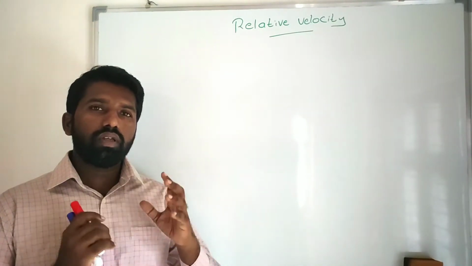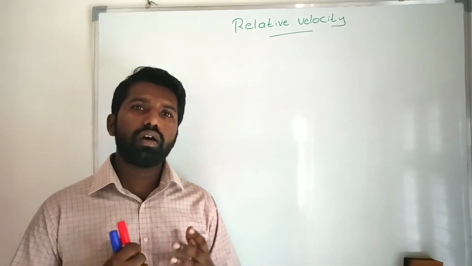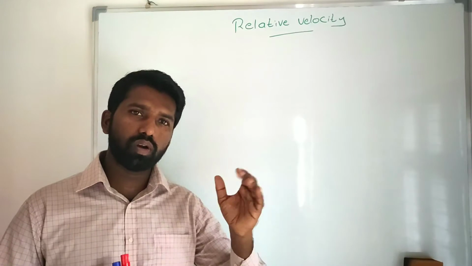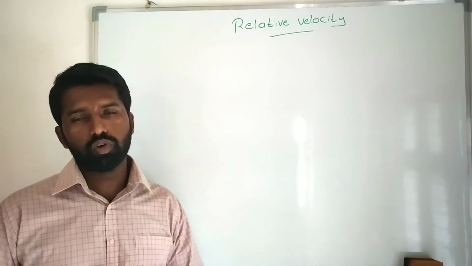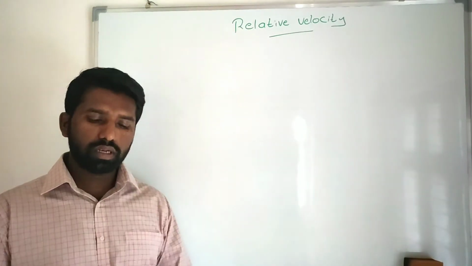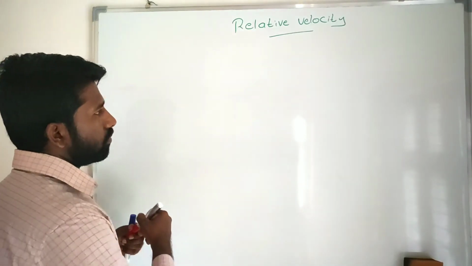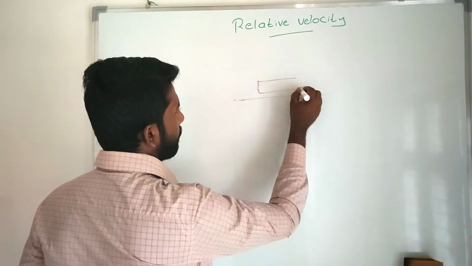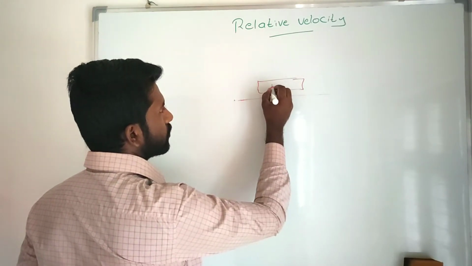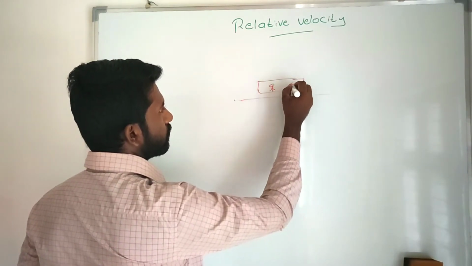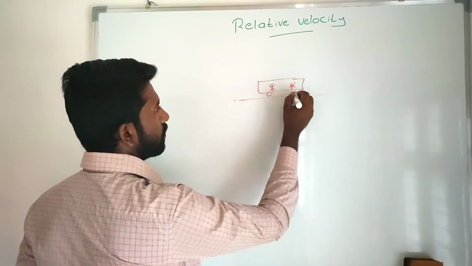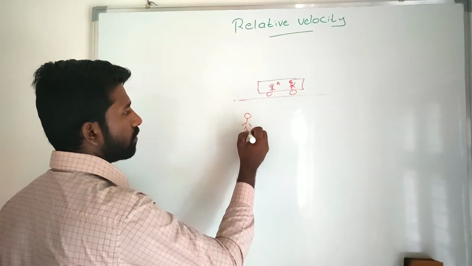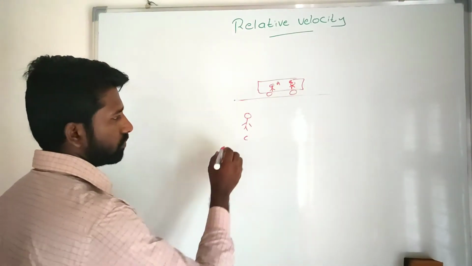So, rest and motion are relative terms. We cannot say that a body is purely at rest or purely in motion. Let me consider an example. There is a bus, and in this bus there are two persons, A and B. A person looks from outside, that is the C person.